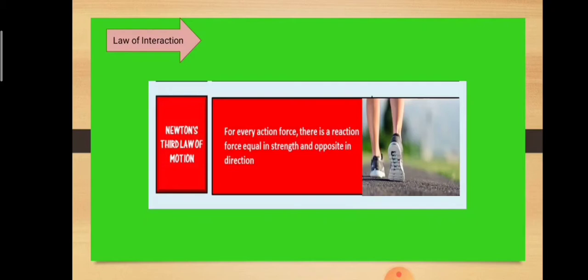The changes in motion are very noticeable if the mass difference of the objects is very large. So the third law of motion states that for every action force, there is a reaction force equal in strength and opposite in direction.